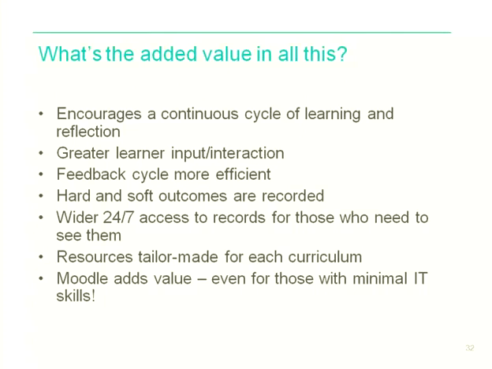Hard and soft outcomes are recorded. In adult learning, especially in non-accredited courses, soft outcomes are really important. For example, if someone is attending a French or Spanish conversation class, and they're pretty fluent, how do you measure their progress?